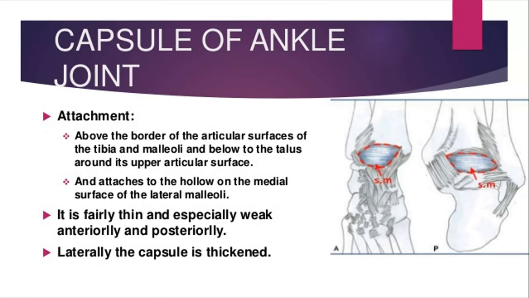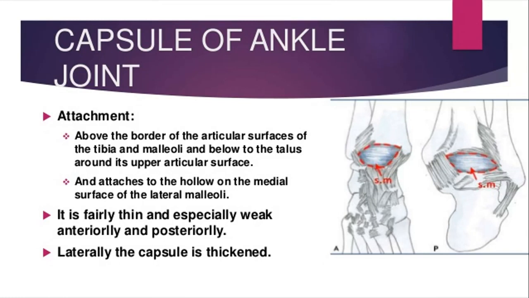Obviously it's very simple, as in the other joints, it will be on the articular margins of the tibia and malleoli, but laterally, the hollow on the medial side of the lateral malleolus is also an attachment of the capsule, and below it is over the trochlea, the articular surface of the talus.